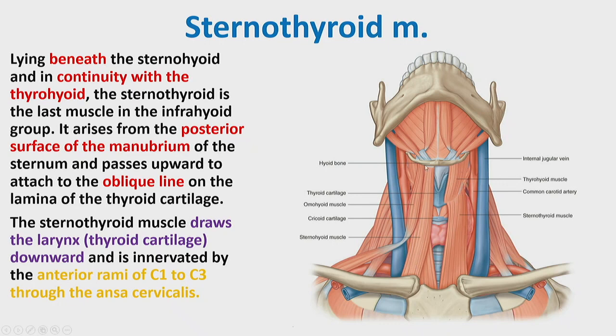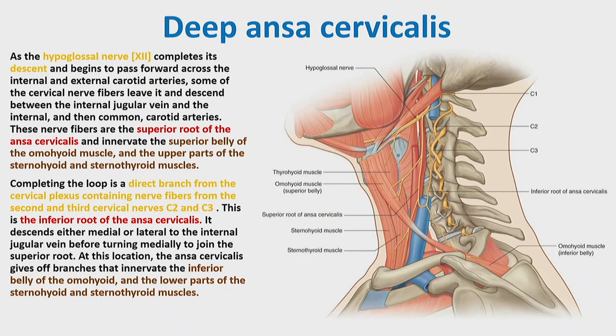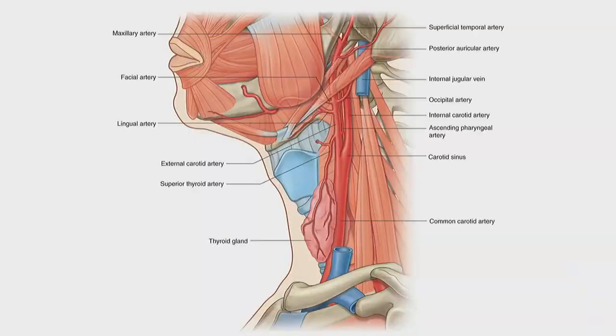So sternohyoid, omohyoid with superior and inferior belly, sternothyroid, thyrohyoid: those are the 4 infrahyoid muscles. All of them are generally innervated by spinal nerves from C1, C2, and C3, which make a loop, the ansa cervicalis. We are going to cover the deep ansa cervicalis in the chapter on the nervous system.